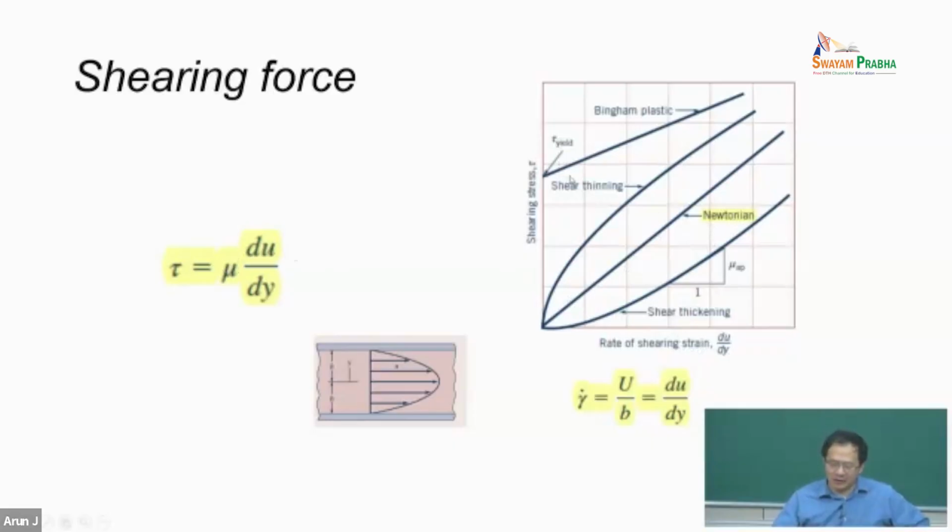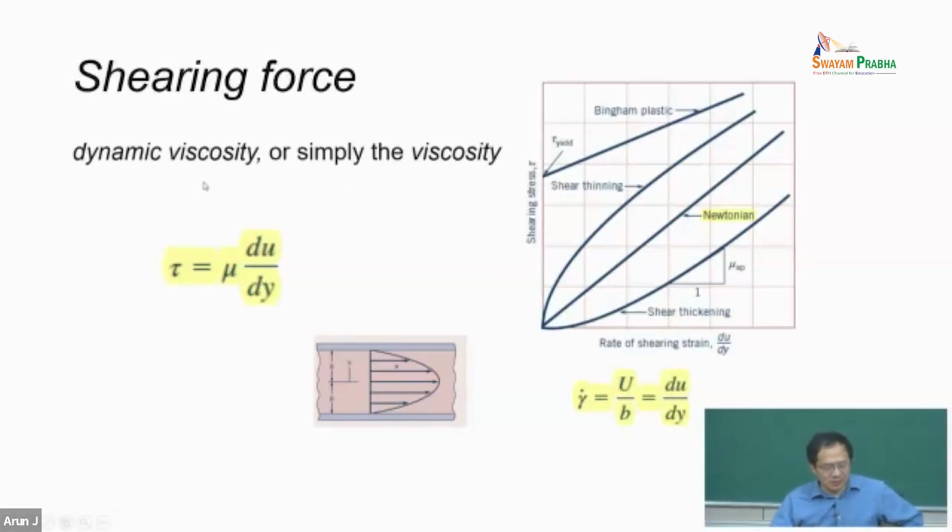In the morning, when you use toothpaste, the shearing rate and shear force follow a different line. Some materials at higher shearing rate have a different shearing force. This is called dynamic viscosity, or sometimes we just say viscosity. This is the linear approximation, Newtonian flow.